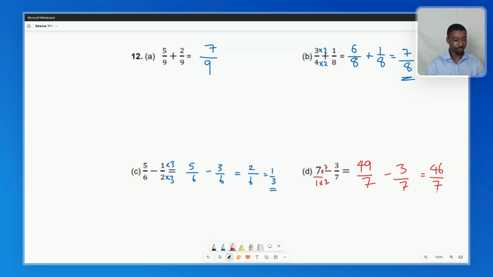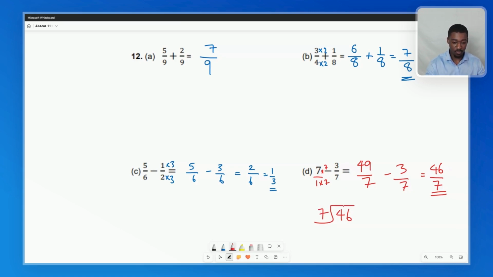And this is an improper fraction where the numerator is greater than the denominator. But we can also turn this into a mixed number in case the question asks for it, or maybe you worked it out as a mixed number. How can we do this? Well, we simply take this division, 46 divided by 7, and we try and replicate it.